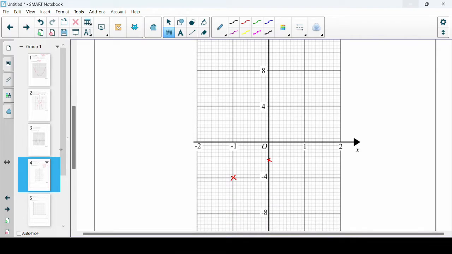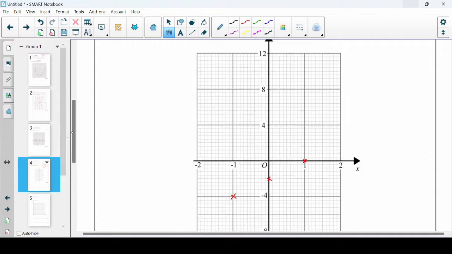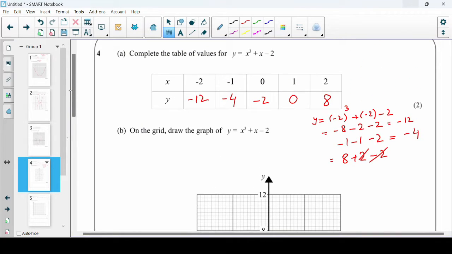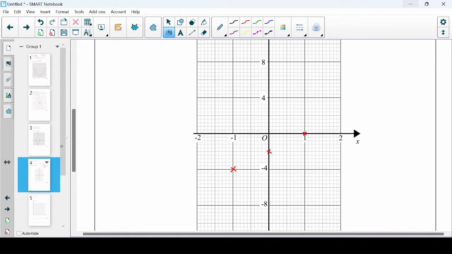So on the x-axis it should be 1, and on the y-axis it should be 0. This is the point where on the x-axis it's 1 and y-axis it's 0, and then 2 and 8.